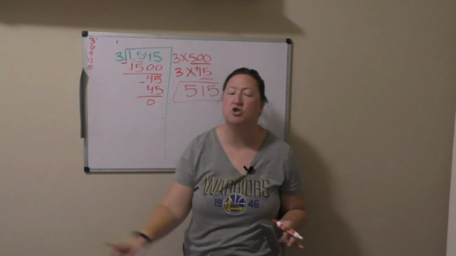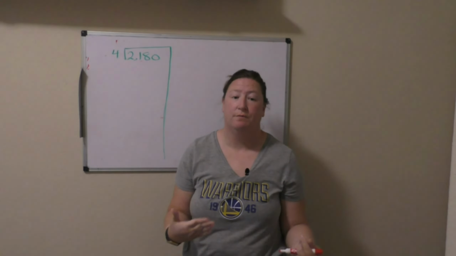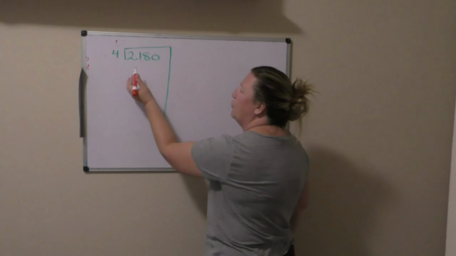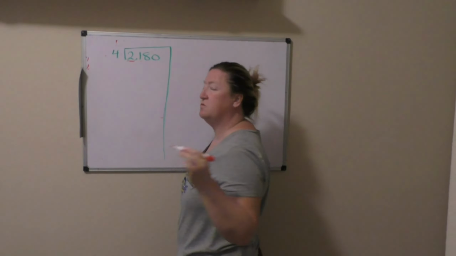We're going to do partial quotients again with one more problem. For our next problem, we're going to take 2,180 and we're going to divide that by 4. And again, I'm breaking it up into manageable pieces for me. So I know that 4 cannot go into 2 because 2 is smaller than 4.